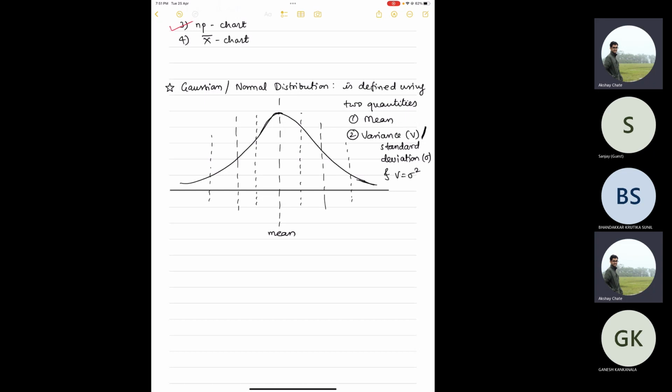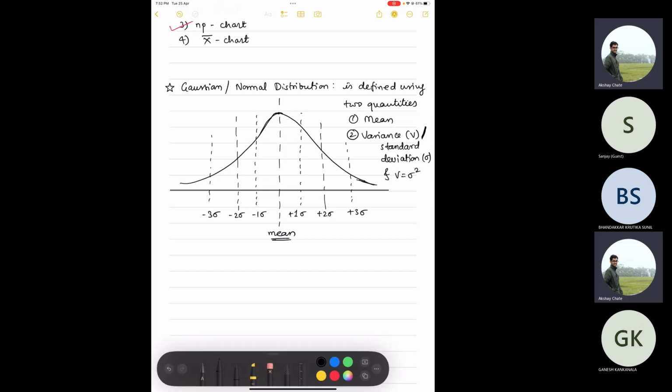The center line is the mean line that you know, and sometimes it is denoted by mu. Maybe I will not use the mu symbol here, so I can remove it. I don't want to cause any confusion. Let's just say it's the mean. Then this is 1 sigma positive, 2 sigma, 3 sigma. Similarly, 1 sigma negative, 2 sigma negative, 3 sigma negative. What it does is give you some idea about the number of data points that will lie within this region.